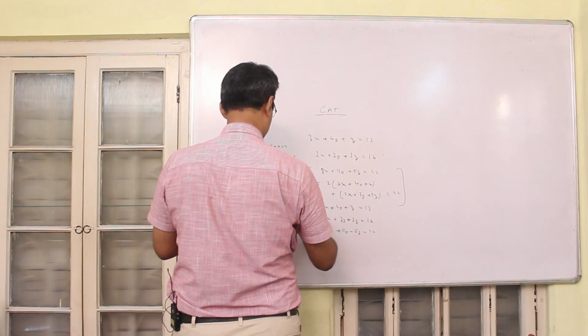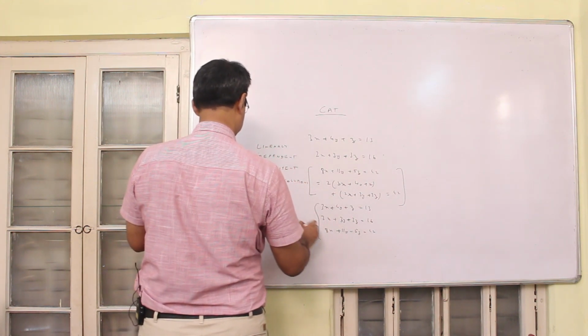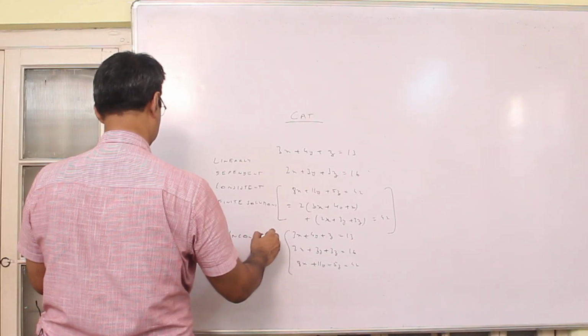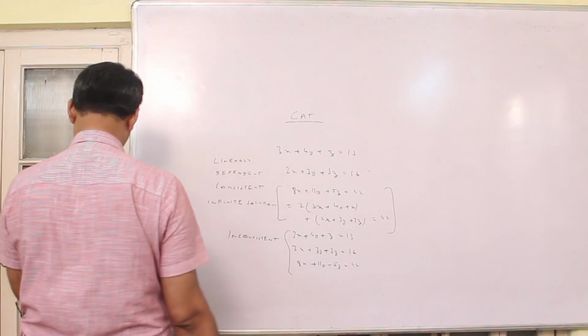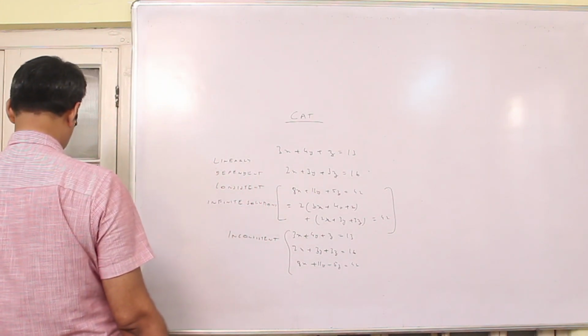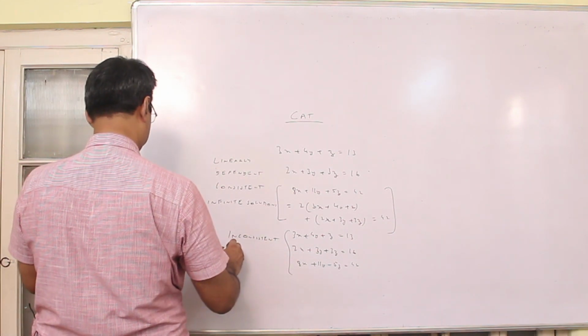The third one is contradicting the information given by the first two. So in this case, they will be inconsistent. And therefore, they will have no solution.